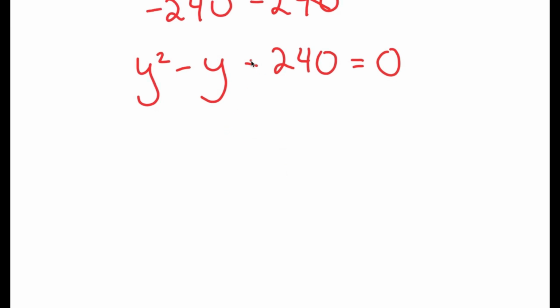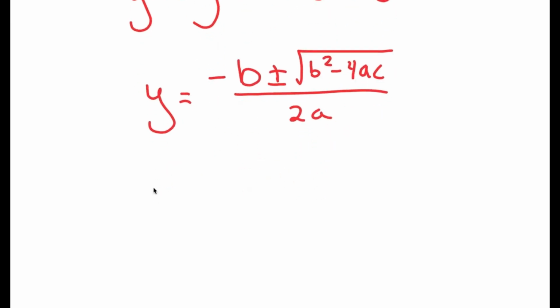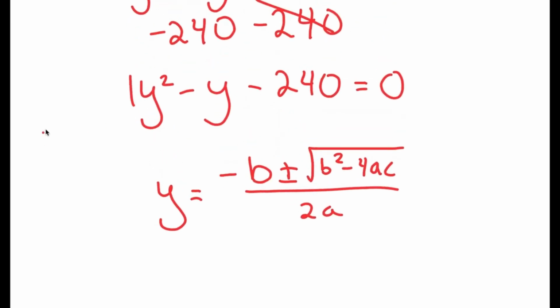And to find the solutions of this quadratic equation, I can use the quadratic formula. So if you guys didn't already know, the quadratic formula is negative b plus or minus the square root of b squared minus 4ac all over 2a. So in this case, looking over here, a is 1, b is negative 1, and c is negative 240.